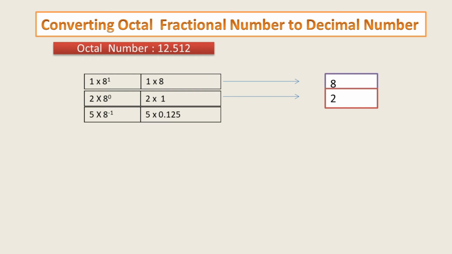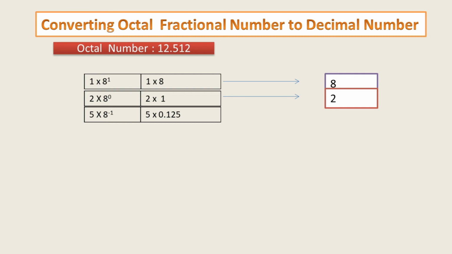Then for the digits after the point, the numbers will be multiplied by 8 to the power minus 1, minus 2, minus 3, like that.